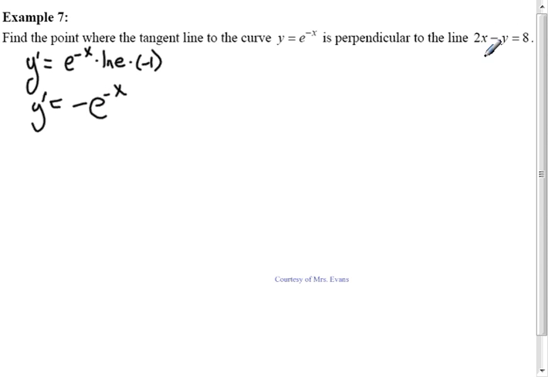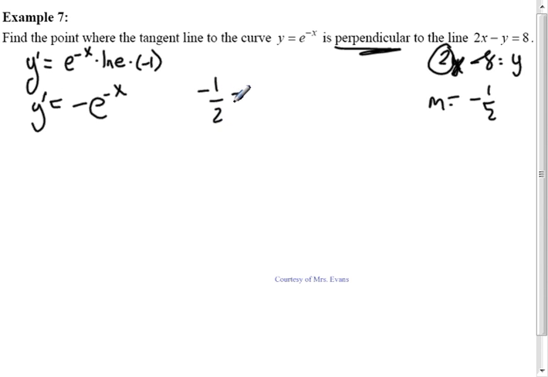We need to figure out the slope of this line, so this would equal 2 times x minus 8 equals y. So our slope is 2. If we want it to be perpendicular, our slope must be negative 1/2. So we need the derivative to equal negative 1/2. So we could just set them equal.